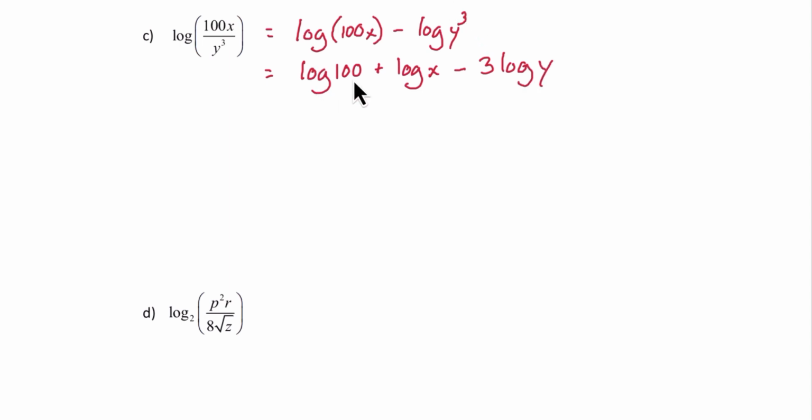We can actually simplify this first logarithm. Recognize that we don't see a base, so the base is 10. 10 to what power is 100? That is 2. So our final expanded version is 2 plus log of x minus 3 log of y.